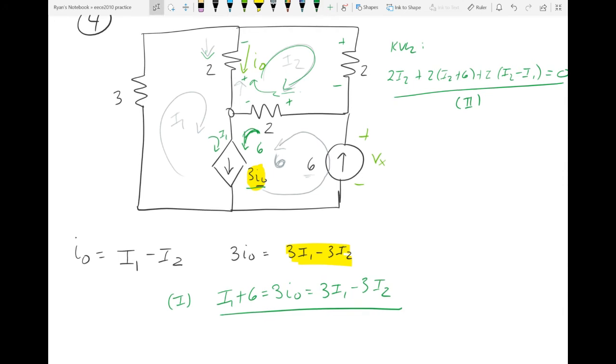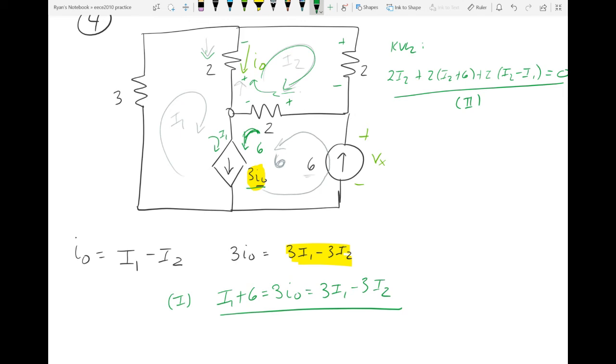Okay, but we have 3 variables, so we need a third equation. So where do we get our third equation if we can't super mesh across this? I don't know if you guys can see the pointer or not.